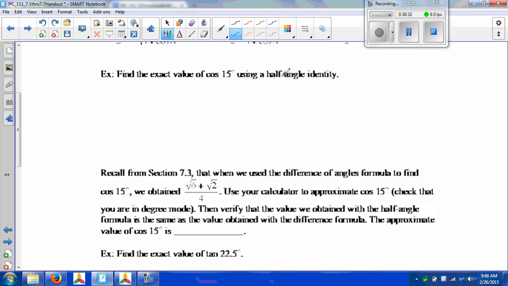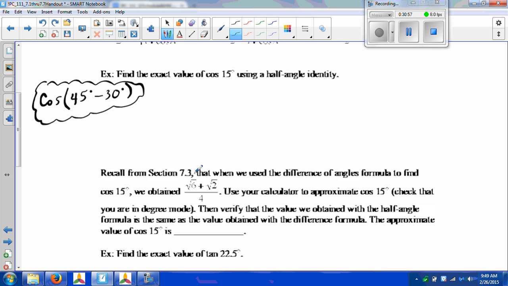So you could do the cosine of 45 degrees minus 30 degrees. You could do that and use your sum and difference formula. So you'd get cosine 45, cosine 30, plus sine 45, sine 30, and then do that.